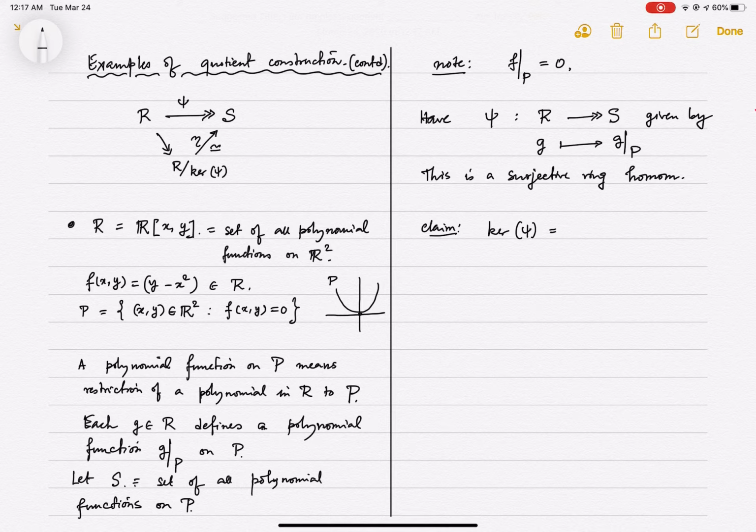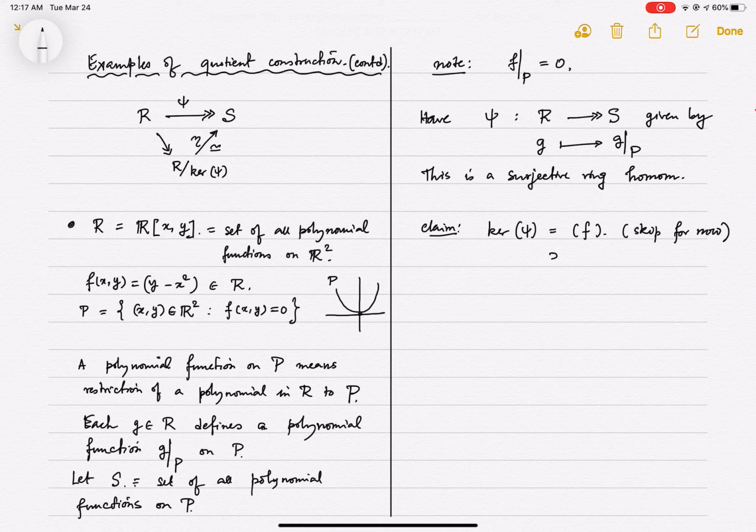You already know something in the kernel: f is in the kernel. And if f is in the kernel, all multiples of f are going to be in the kernel. The claim is that the kernel is exactly all multiples of f. Proving this would require a little more than what we have right now, so I'll skip this for now.